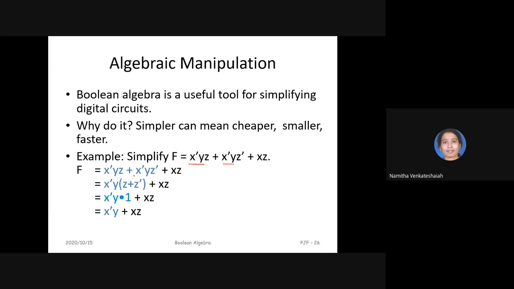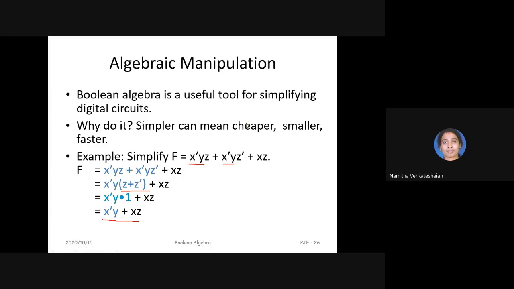Just like normal algebra, I will take x dash y as common, and z plus z dash, as you know, becomes 1. So x dash y dot 1 plus xz. Initially we had 3 terms, finally only 2 terms. This is one way of reduction.